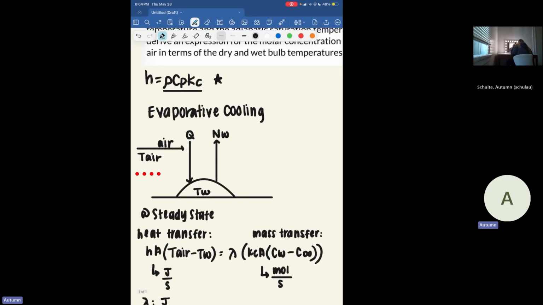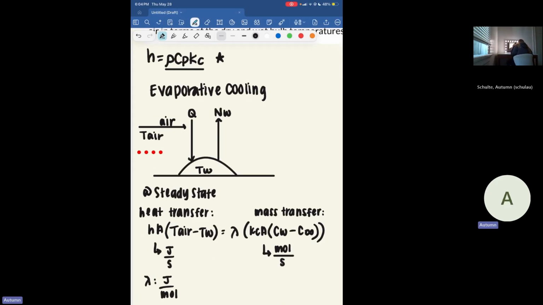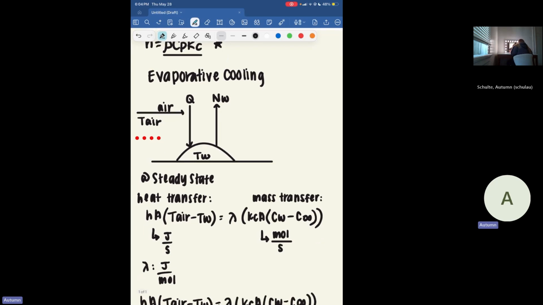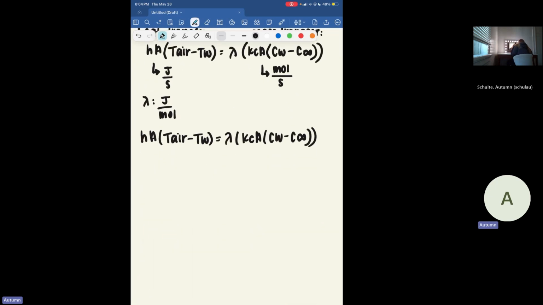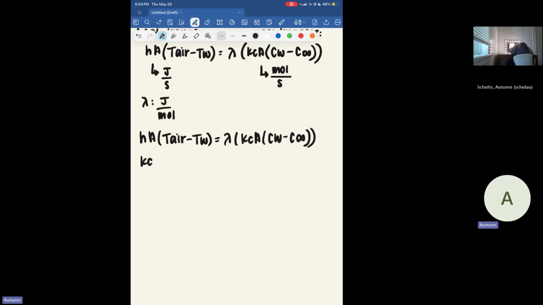So that's going to be the density multiplied by the heat capacity multiplied by the mass transfer coefficient. So we're going to have this be the mass transfer coefficient multiplied by the density multiplied by the heat capacity multiplied by our area.